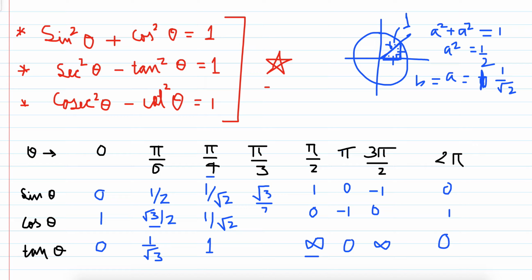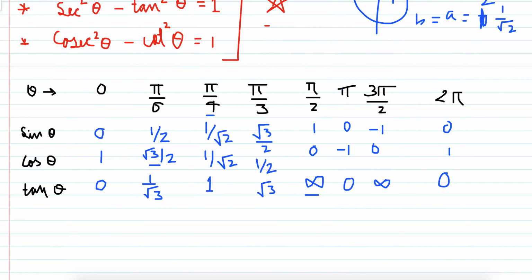Sine is root 3 by 2, cosine is 1 by 2, and tan of 60 degrees is root 3. So it's good to remember these values as well. In the process of solving the problems, these values will automatically get memorized.